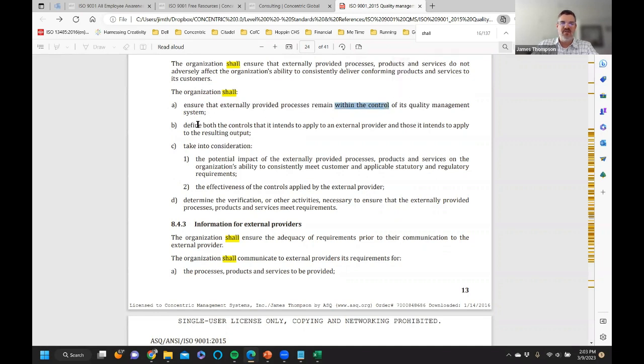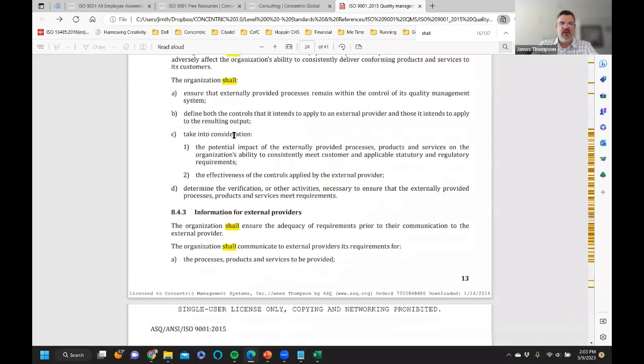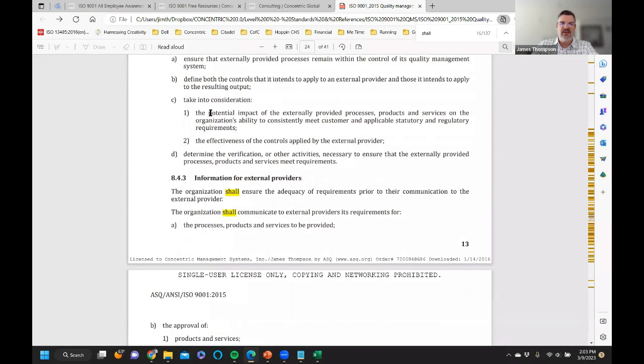The organization shall define both the controls it intends to apply to external providers and those it intends to apply to the resulting output, taking into consideration the potential impact of externally provided processes, products, and services on the organization's ability to consistently meet customer and applicable statutory and regulatory requirements, and the effectiveness of controls applied by the external providers.